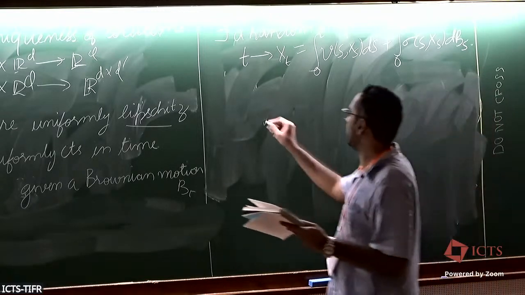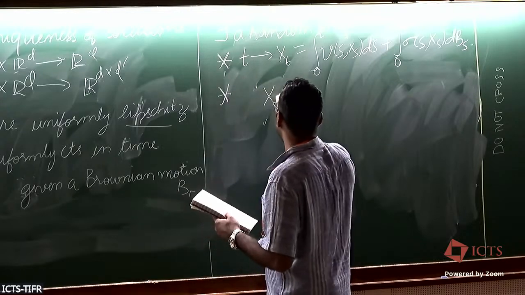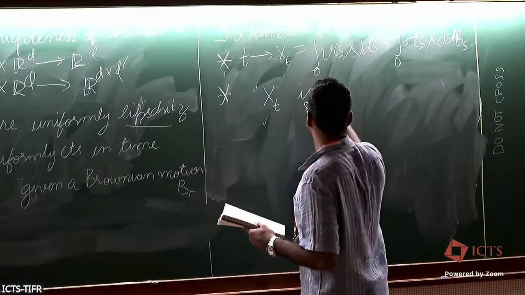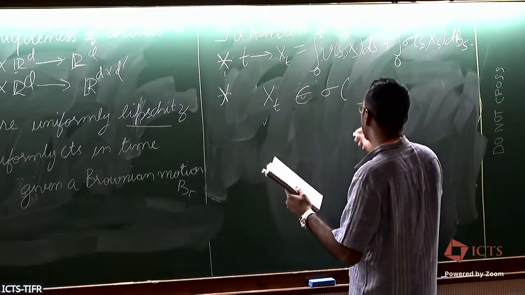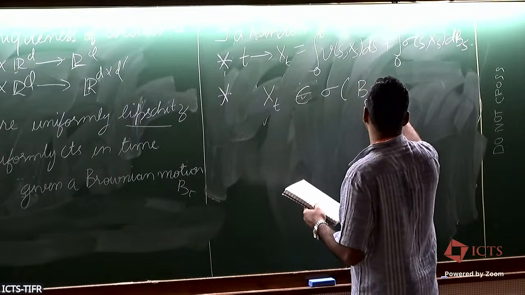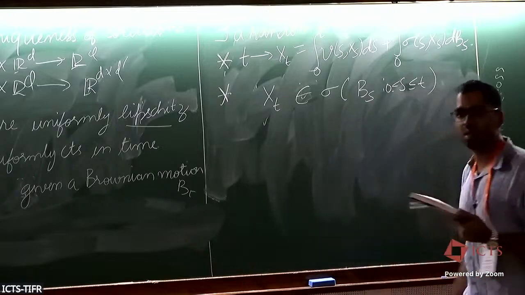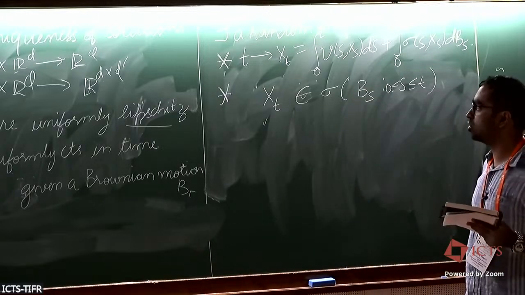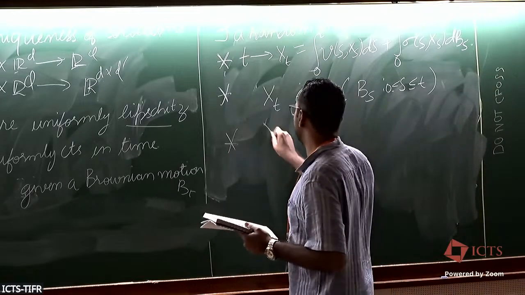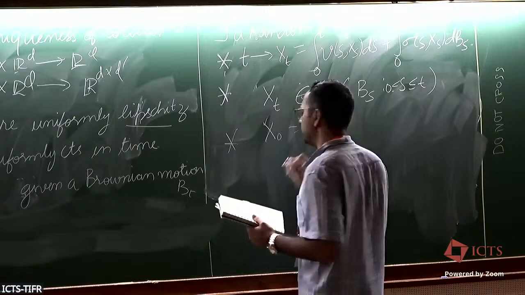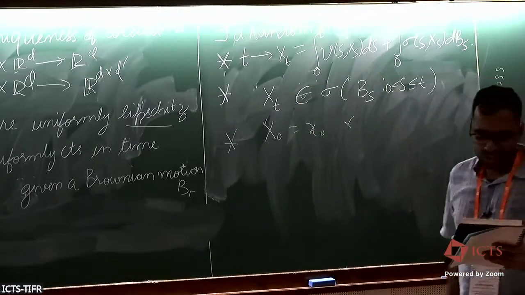And the second thing is that Xt belongs to the sigma algebra of Bs such that s is less than or equal to t. So this is what we call a strong solution. Of course, we are given an initial condition X naught equal to some x naught. This is a minor point, but this is what we mean by a strong solution.